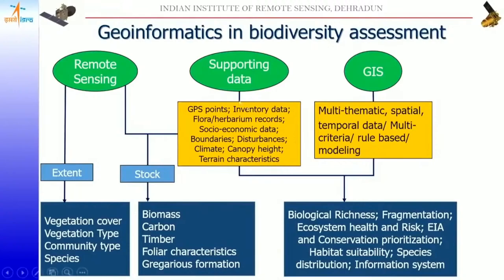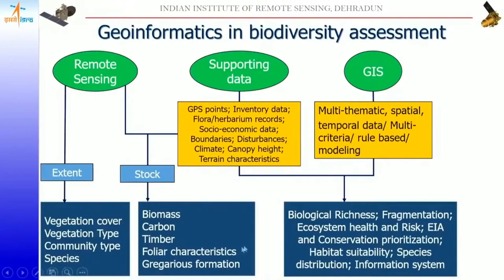And based on these parameters and integrating them with various GIS models, we can derive stocks such as biomass, carbon, timber, or various foliar characteristics of the species, and what the different gregarious formations are over the landscape.